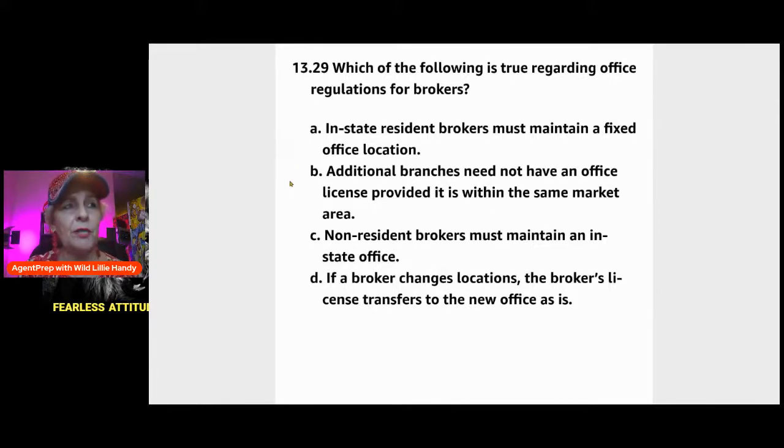B, additional branches need not have an office license provided it is within the same market area. C, non-resident brokers must maintain an in-state office. Or D, if a broker changes locations, the broker's license transfers to the new office as is. So which one is true regarding office regulations for brokers?